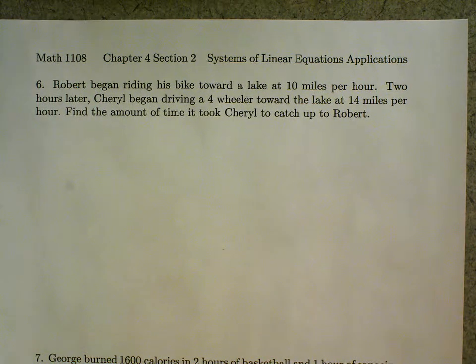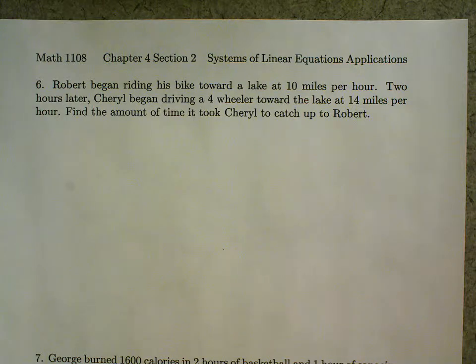Okay, what can we say about the distances when Cheryl catches up to Robert? Well, we're assuming they started from the same place, and Robert started sooner than Cheryl, and then Cheryl caught up.